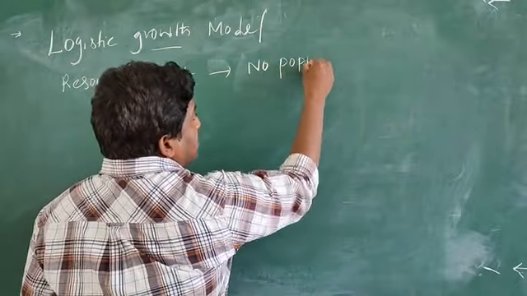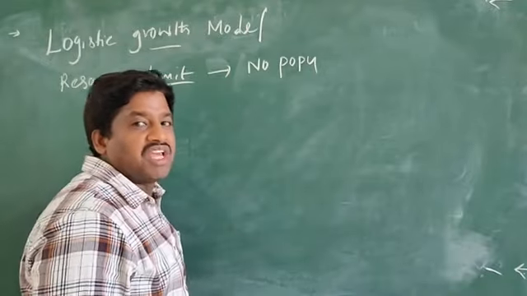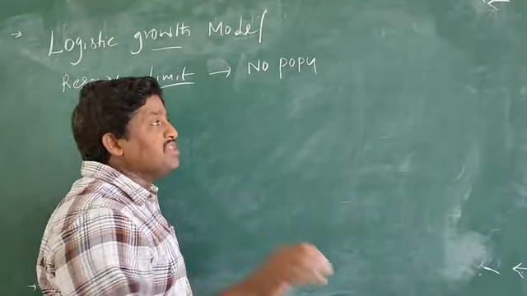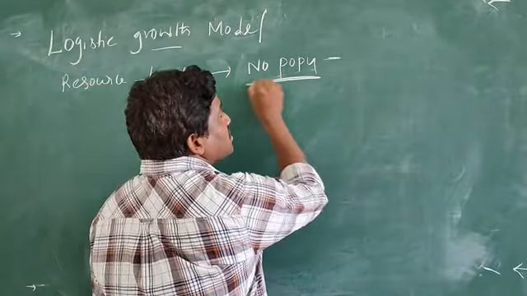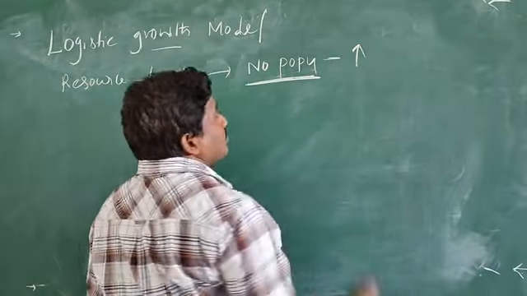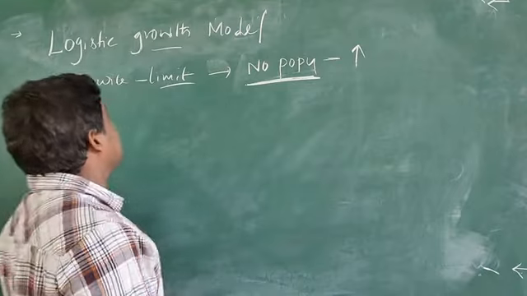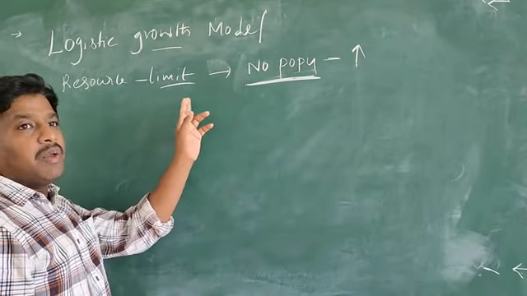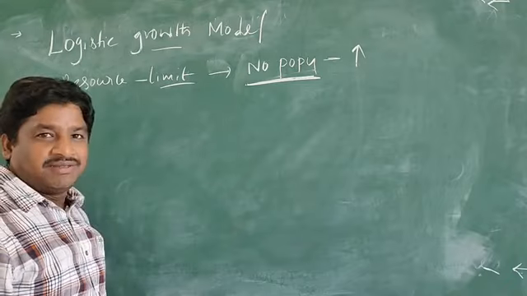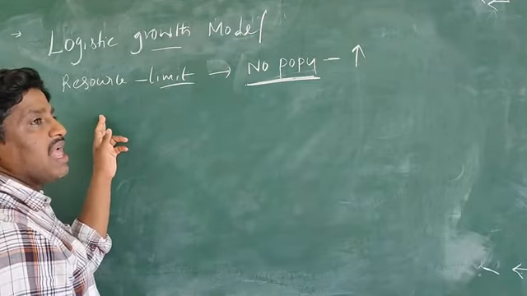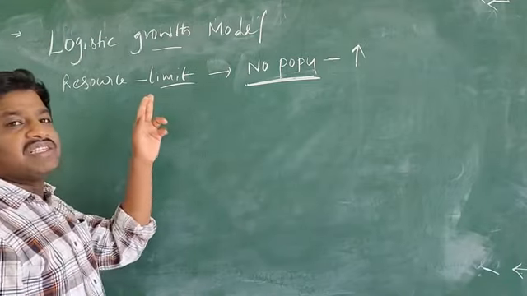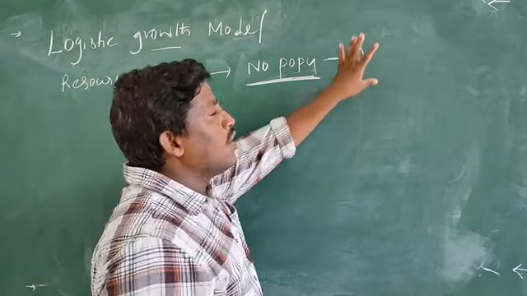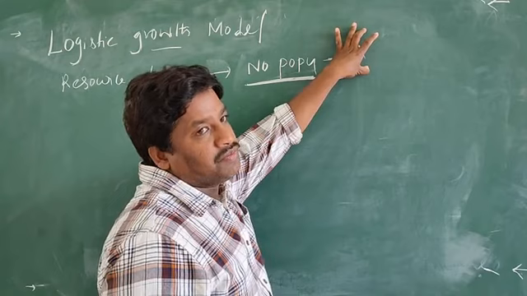When the resources are limited at a certain point of time, no population can continue to grow exponentially. The resources reach a certain limit point, so the population cannot grow exponentially.